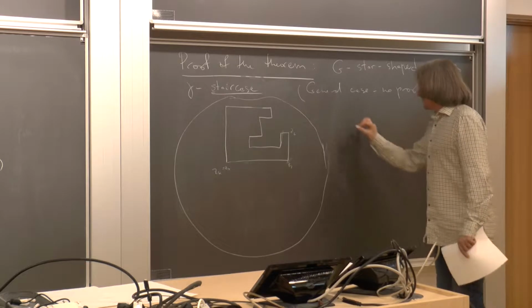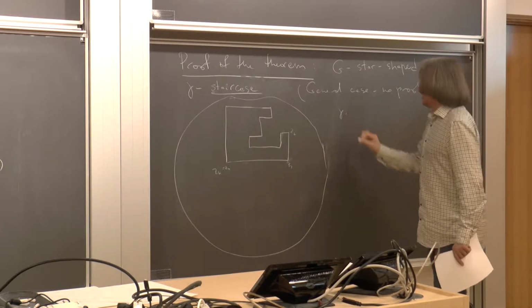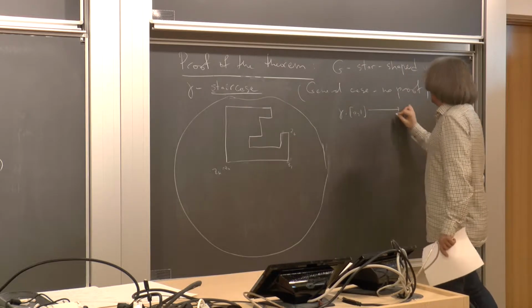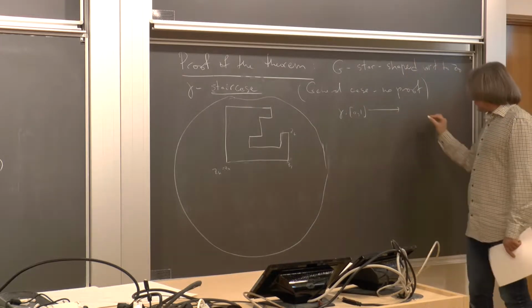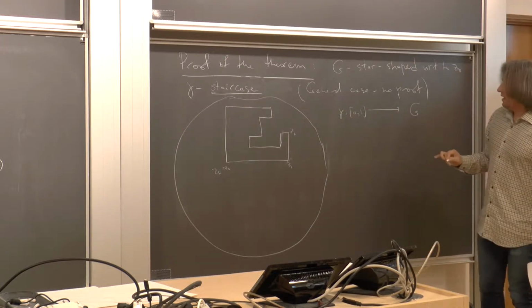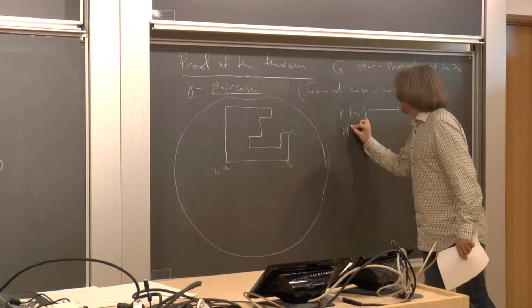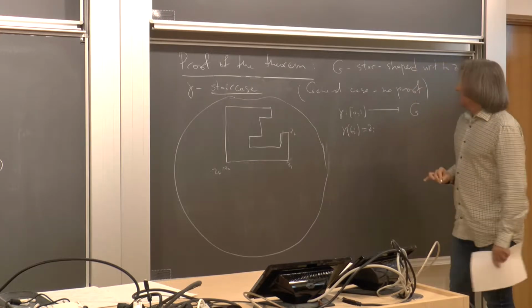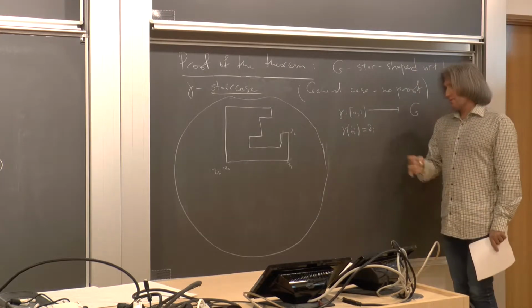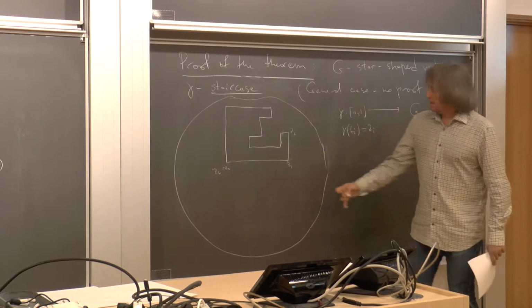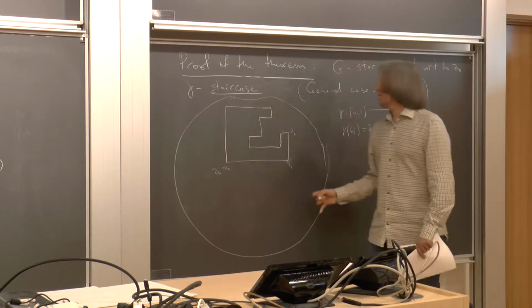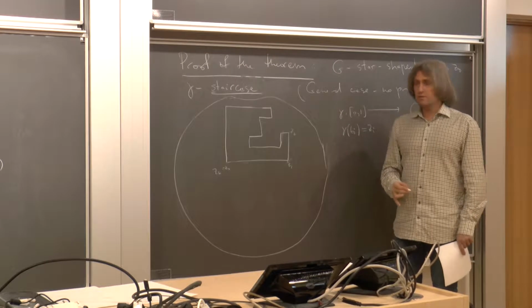So our path gamma goes from 0, 1 to G, and gamma of Ti is Zi. And on the interval from Ti minus 1 to Ti, the point is going either along a horizontal interval or along a vertical interval.